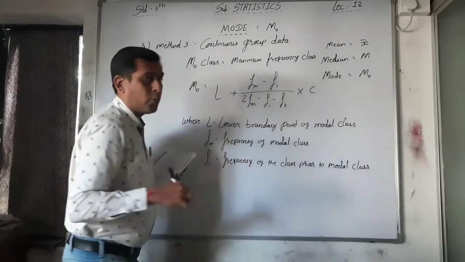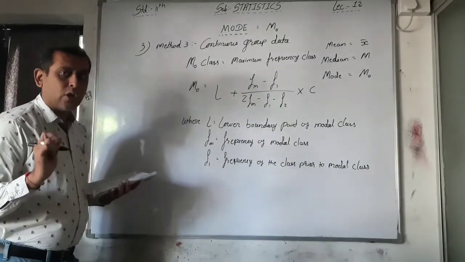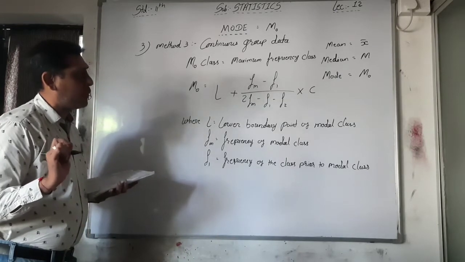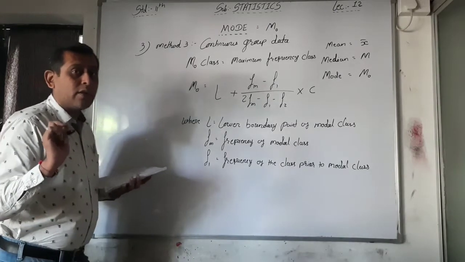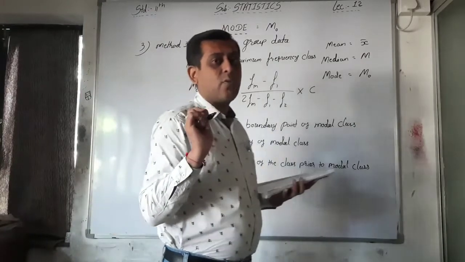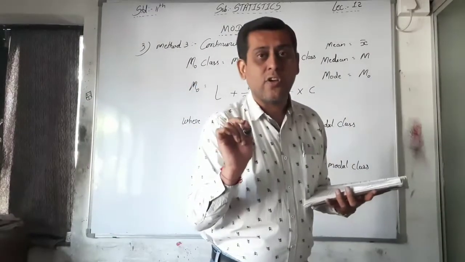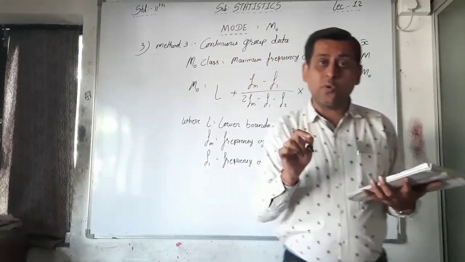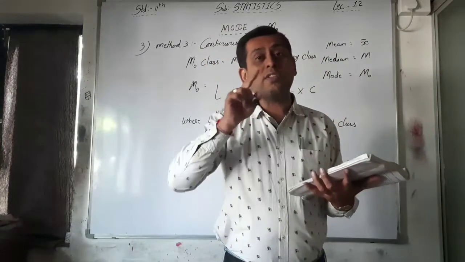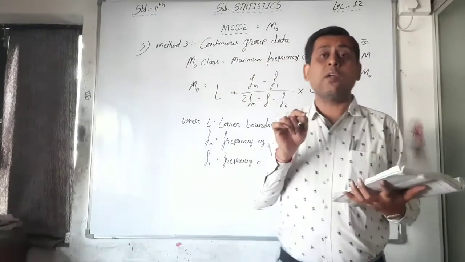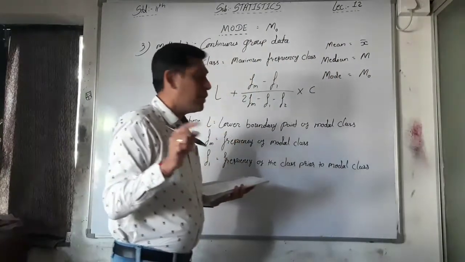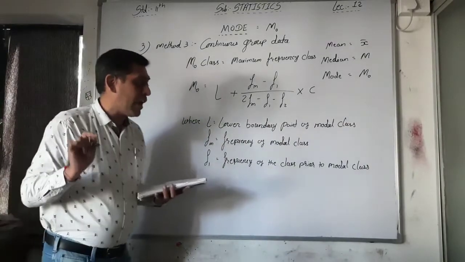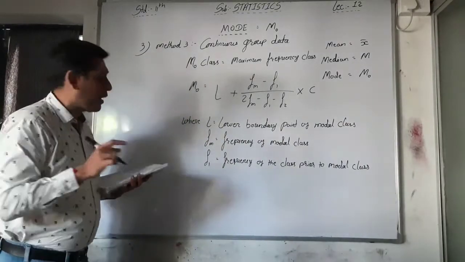Please write down this formula and these details in your fair book. F1 is equal to the frequency of the class prior to the modal class. That means, in the median, quartile, decile formulas, what we write as CF, cumulative frequency, is the cumulative frequency of the previous class of the particular modal or quartile class.